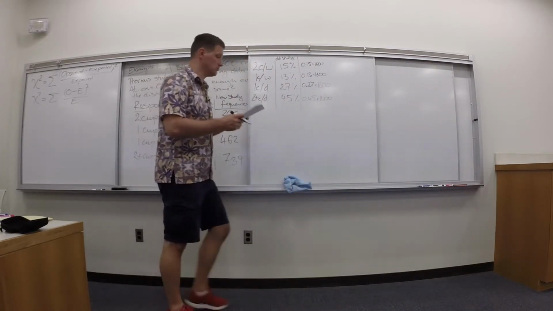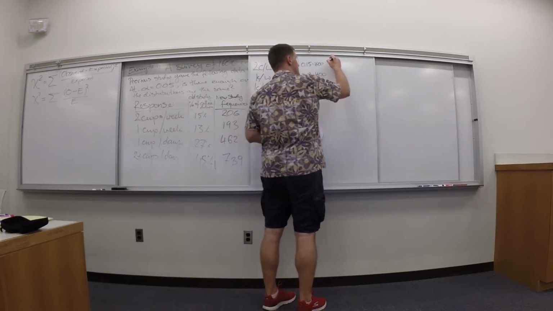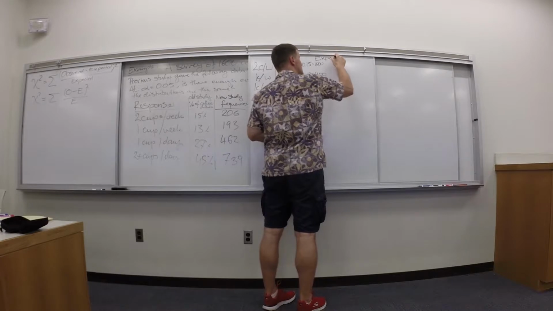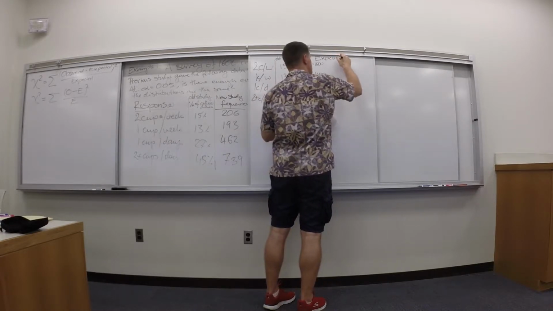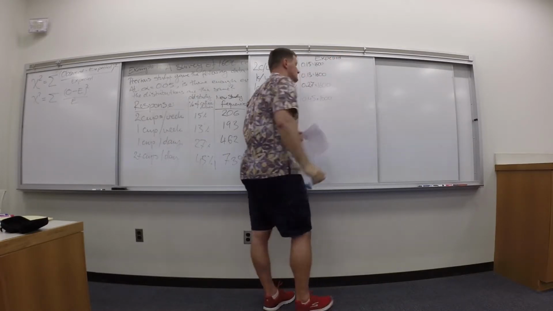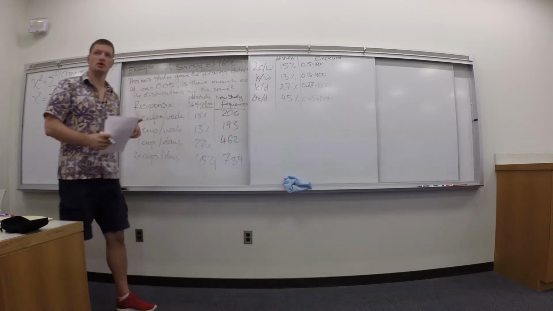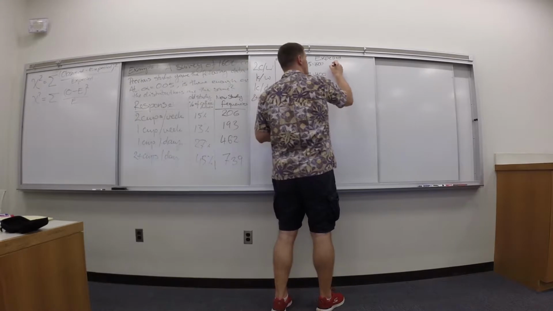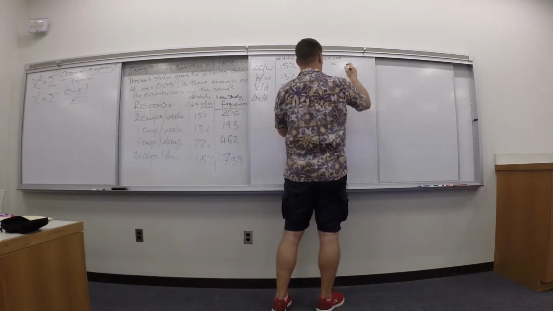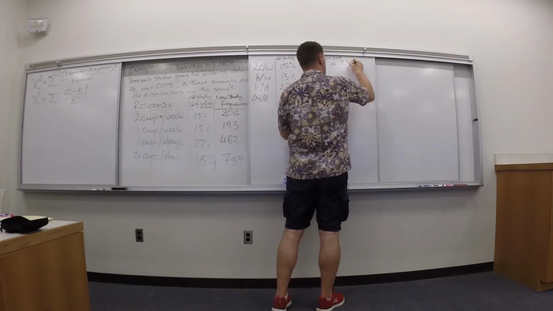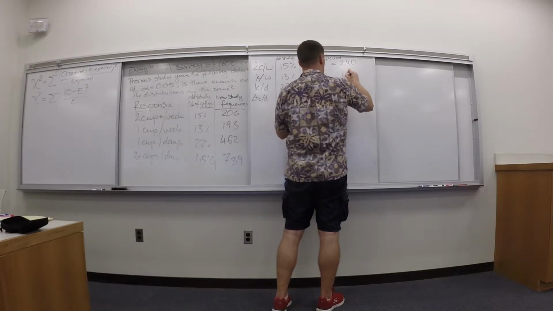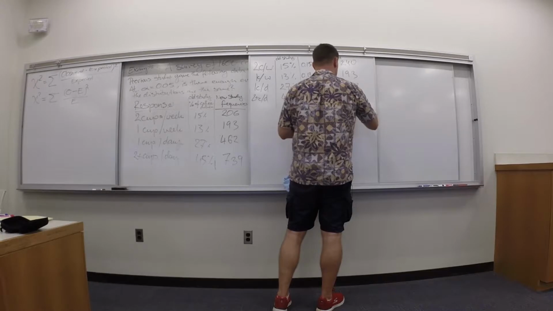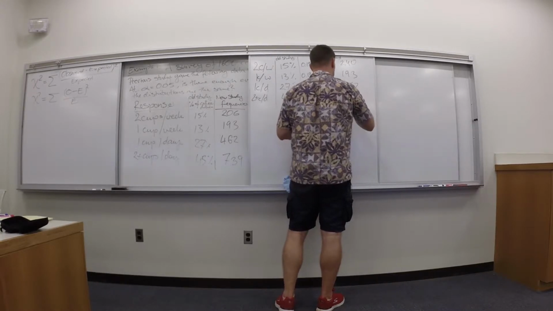So if this is our expected value, because we are expecting this, how much are those things? Well, if you multiply them out, we get 240, we get 193, we get 462, and we get 739.